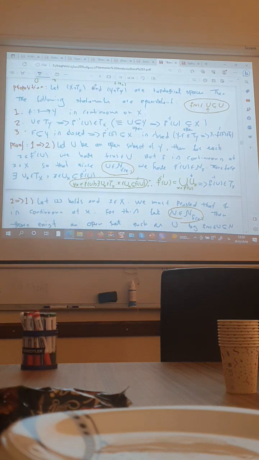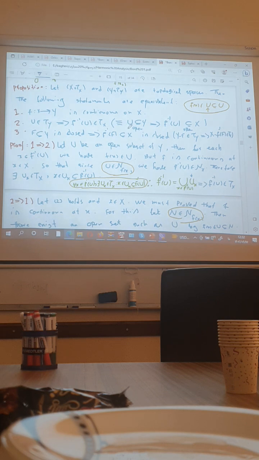Proposition. The following are equivalent. F from X to Y is continuous. For any open subset U of Y, the inverse image of U must be an open subset of X, okay?